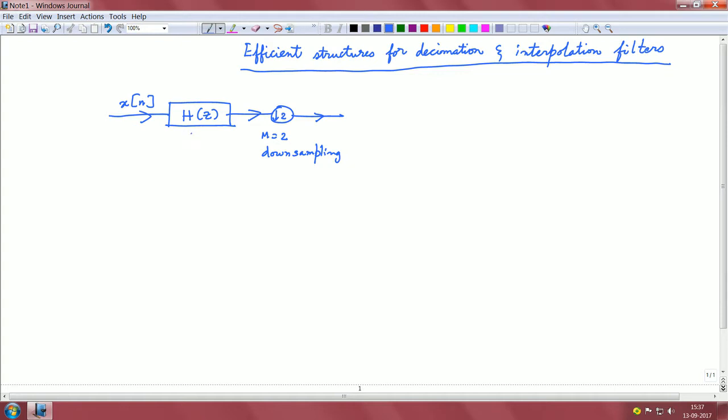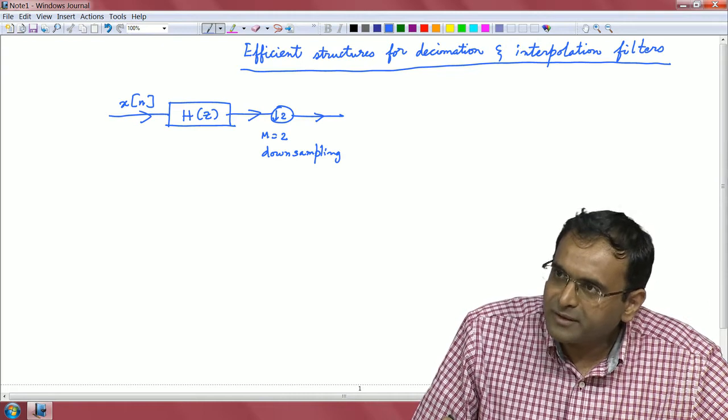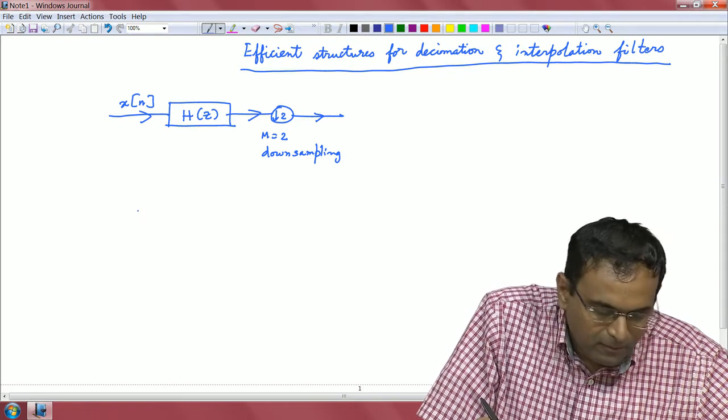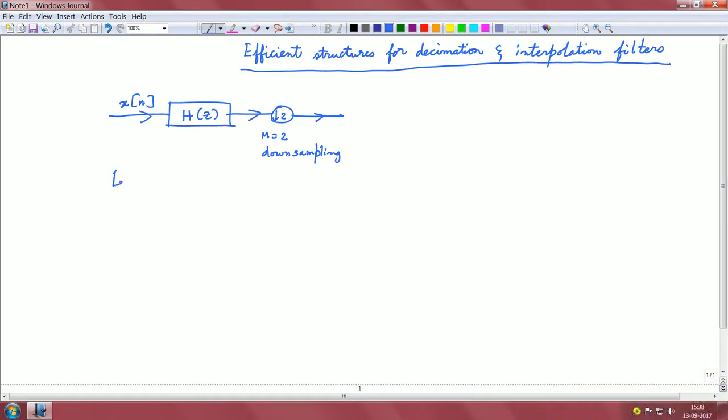We will decompose this filter h of z using polyphase, type 1 polyphase. So, let us do a type 1 polyphase decomposition for h of z.